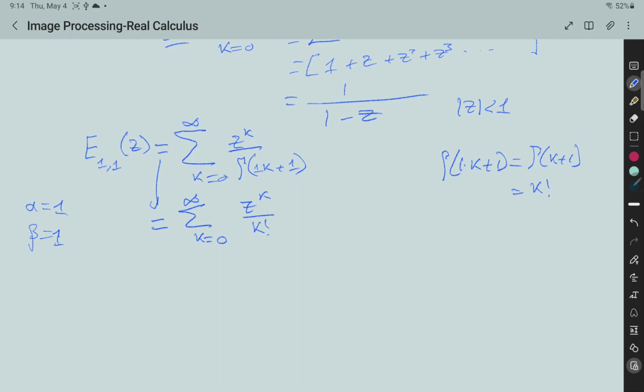This is equal to the exponential function of z, exp of z, or sometimes you could write it like this, e to the z power. So this is the Mittag-Leffler function E 1, 1 of z, which is equal to the exponential function of z.